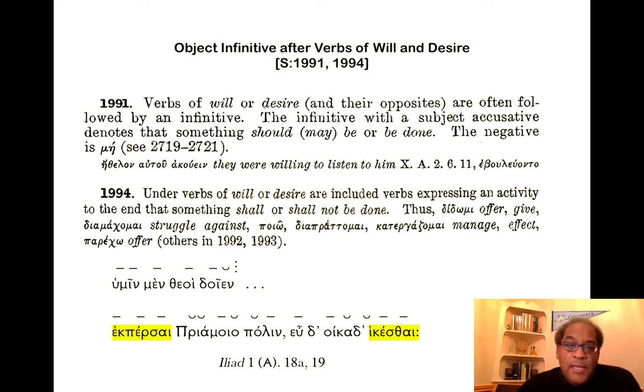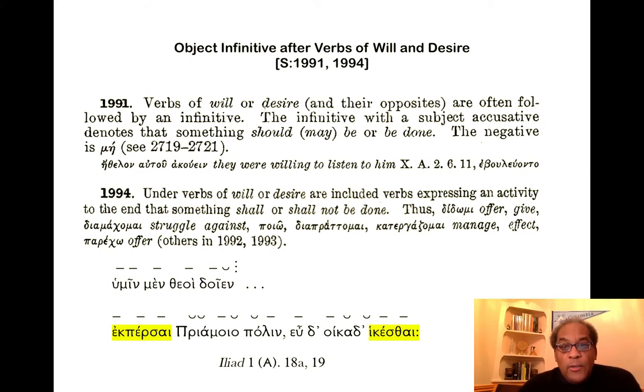But in lines 18 and 19 of the first book of the Iliad, we see a form of didomi followed by these infinitives, which explain what Chryses is hoping or wishing that the gods will give to the Achaeans.